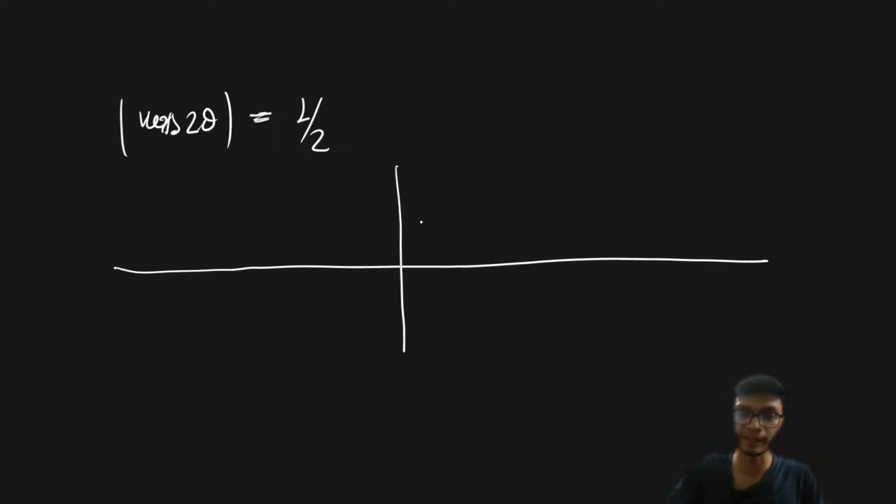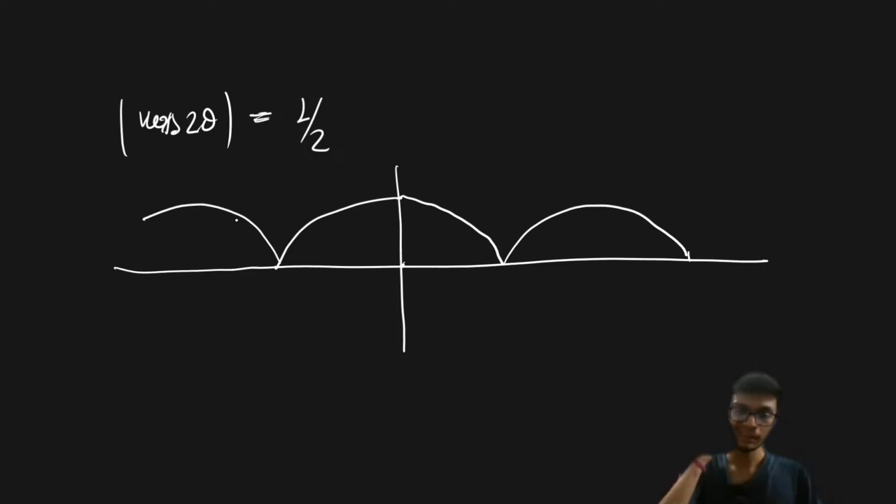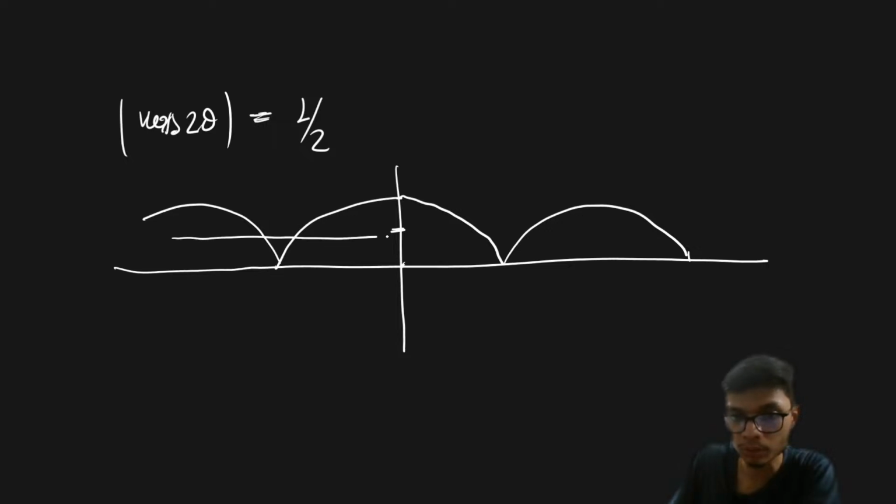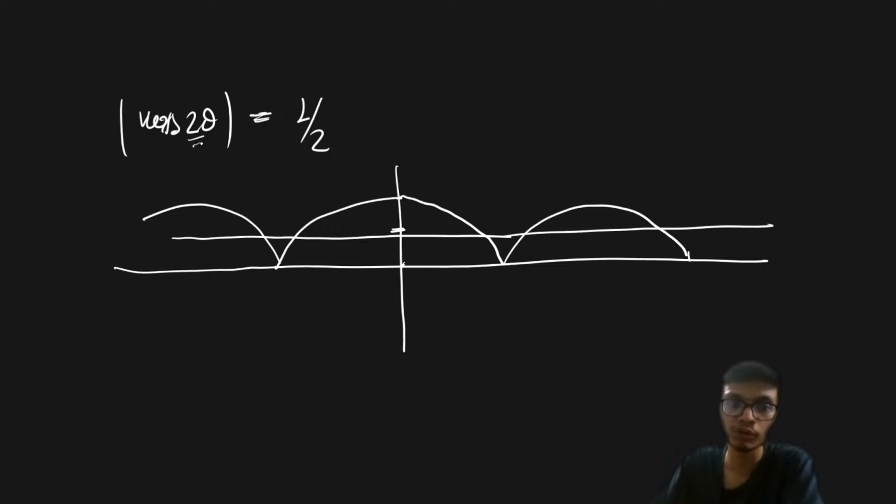So mod of cos 2θ is going to look like this, okay, like this over here, as simple as that. And from here to find the number of solutions, since this is cos of 2θ, remember this is going to be equal to π by 4, this is going to be π by 2.